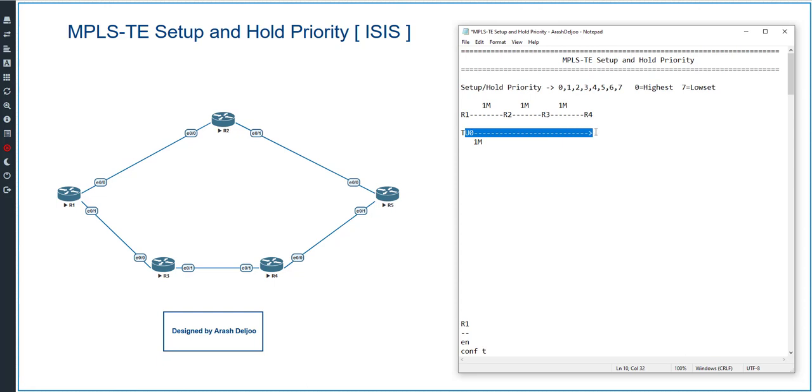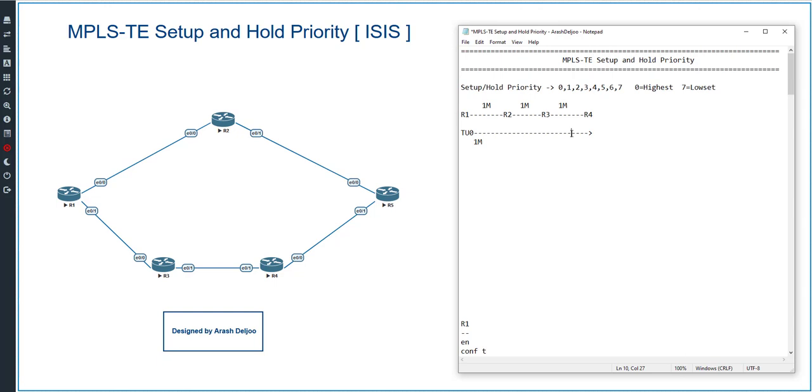And this is the normal behavior of a traffic engineering tunnel, okay? Let me say that each tunnel in traffic engineering has a setup priority and hold priority, but now I'm going to talk about only setup priority.